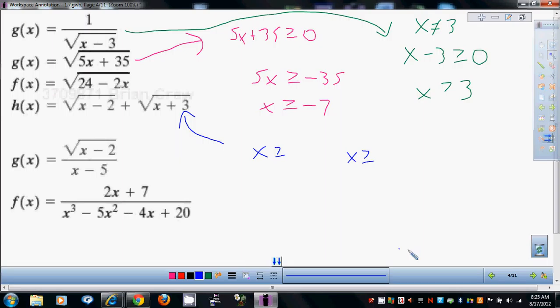Who thinks they can tell me the two inequalities here? Listen.